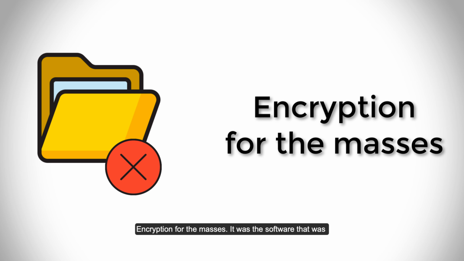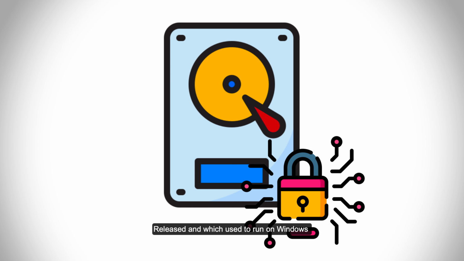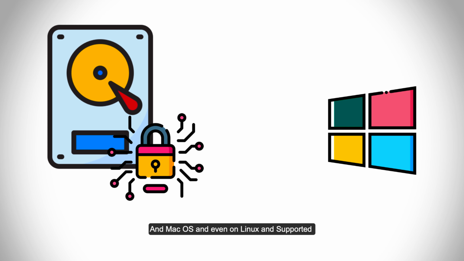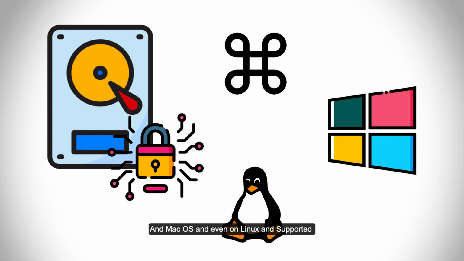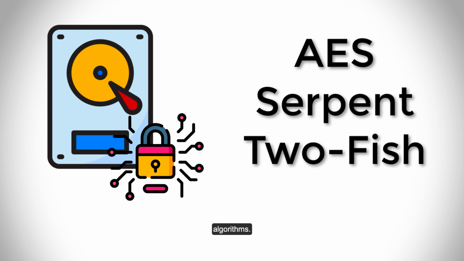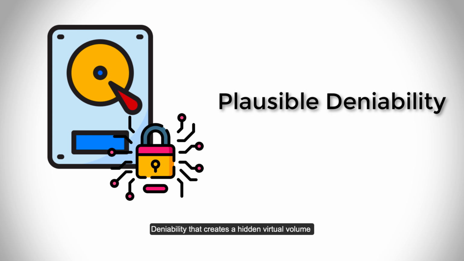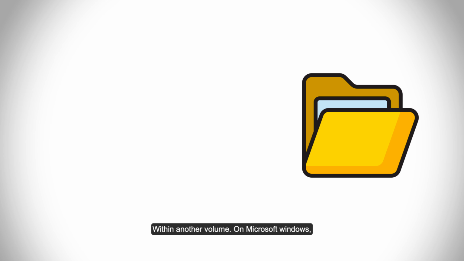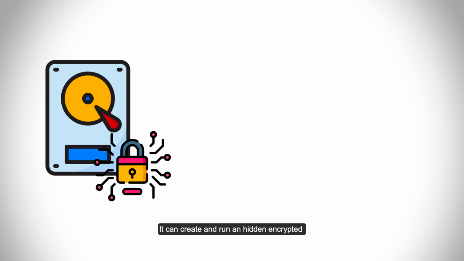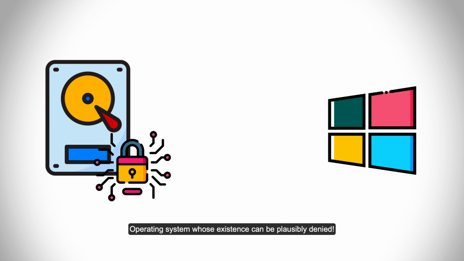It ran on Windows, Mac OS and even Linux, and supported the AES, Serpent and Twofish encryption algorithms. It also included a feature called plausible deniability that creates a hidden virtual volume within another volume. On Microsoft Windows, it can create and run a hidden encrypted operating system whose existence can be plausibly denied.